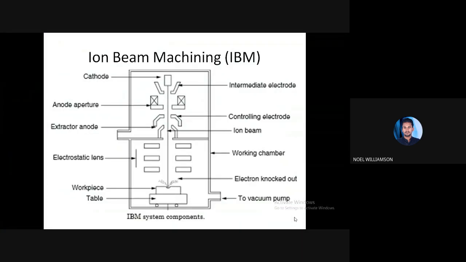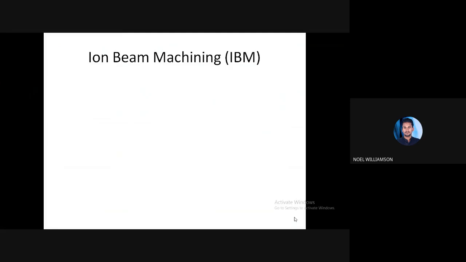First of all, I will explain the principle. What is working behind the ion beam machining?